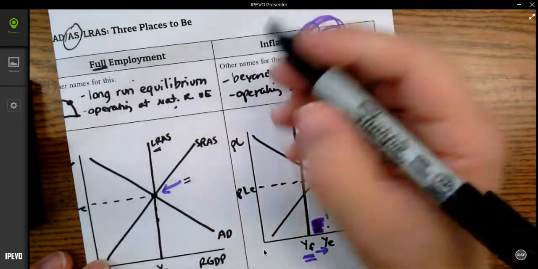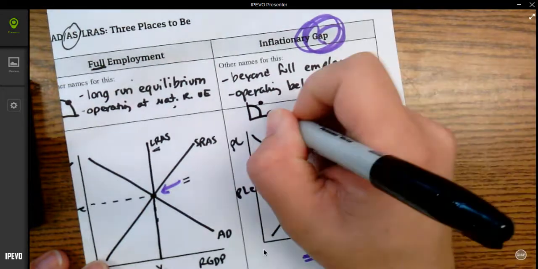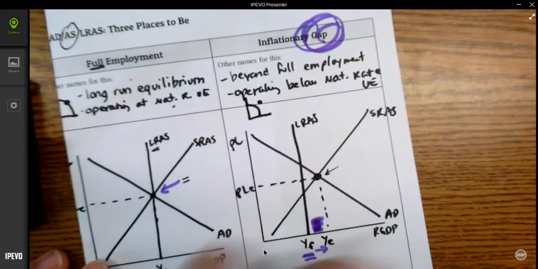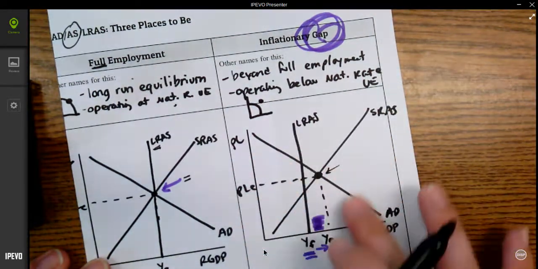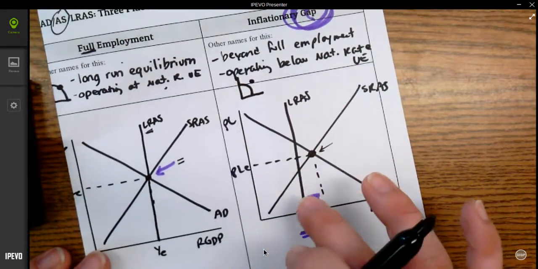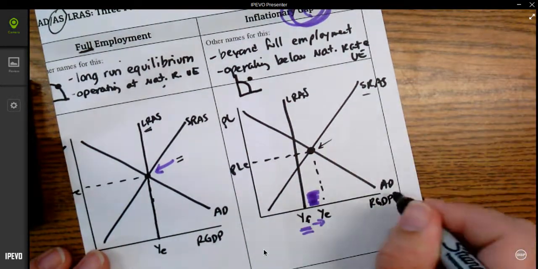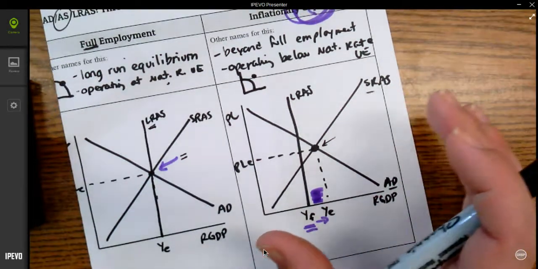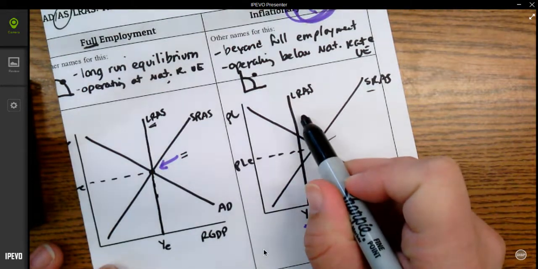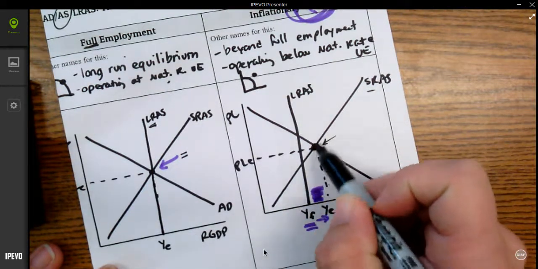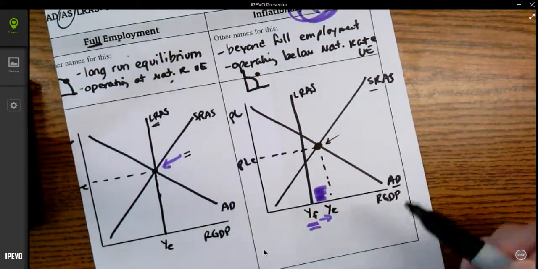When we studied the PPC, we did this by putting a point out here floating, not moving the whole line, because that's economic growth. This does not reflect economic growth in the long run. This only reflects economic growth in the short run, because the short run aggregate supply and the aggregate demand are beyond full employment. Now, can the long run aggregate supply scoop down the number line and join us over here? It sure can, but there's a few things that have to happen for that.